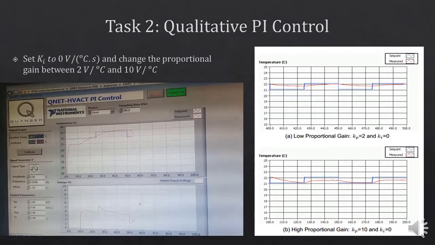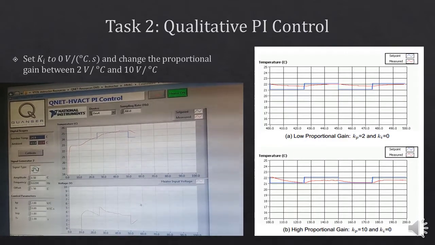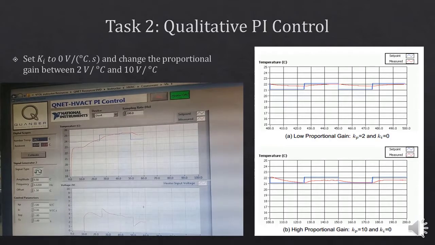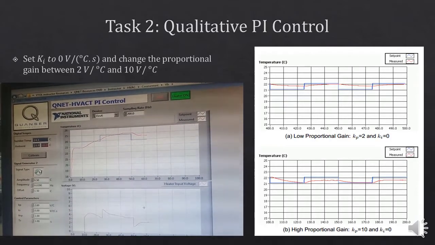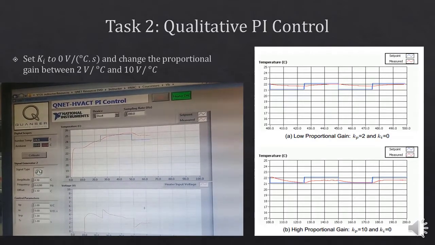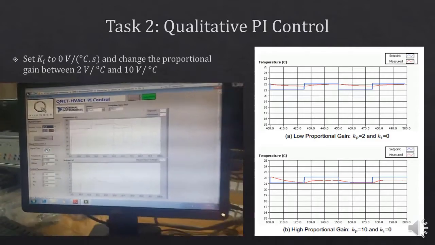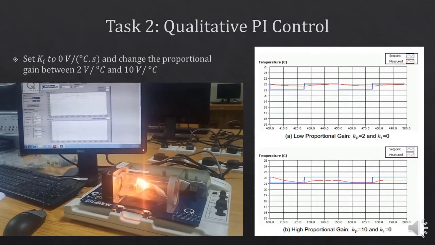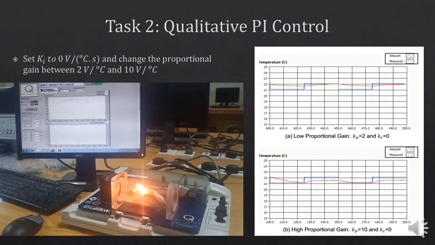You can see here that I have set the value of Kp to 2 and this is the response of the system when the Kp is 2. At low proportional gain, the system response is quite slow.